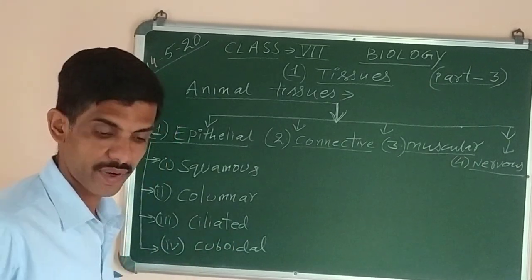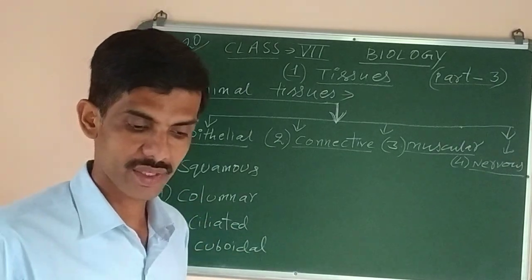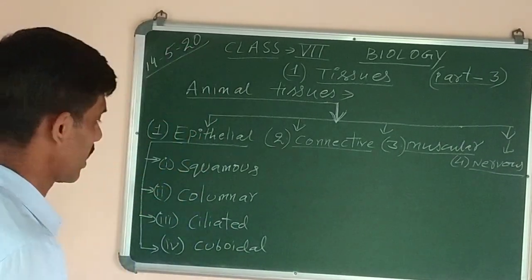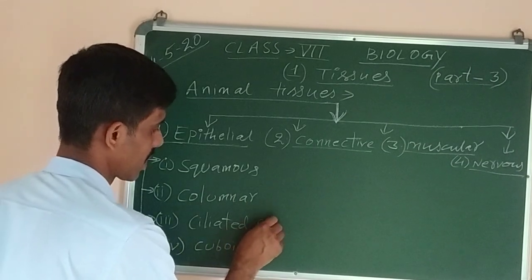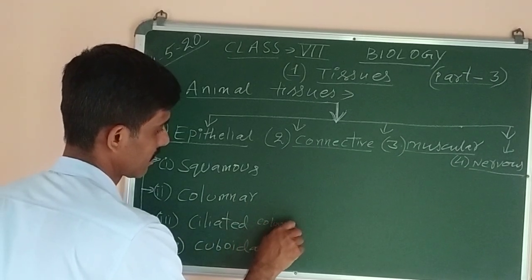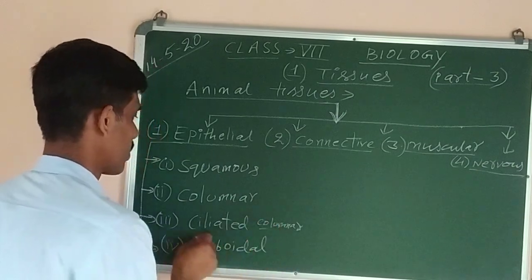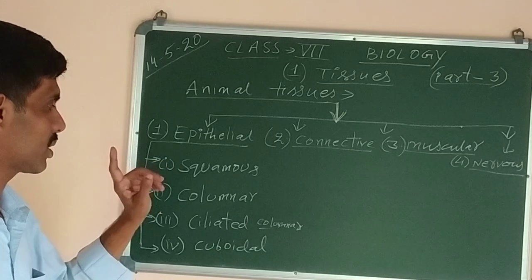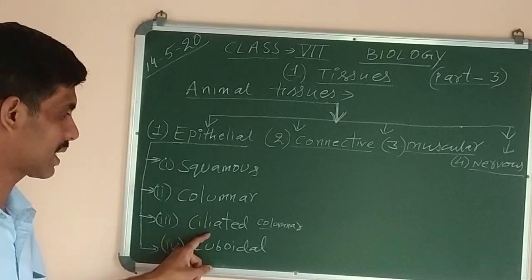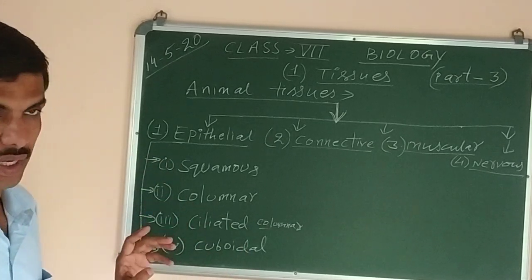Okay, so 4 different types I have drawn: squamous, columnar, ciliated columnar, and cuboidal. So ciliated, or ciliated columnar, you can also write. So what are the 4 different types of epithelial tissue? Squamous epithelial tissue, columnar epithelial tissue, ciliated columnar, and cuboidal epithelial tissue.